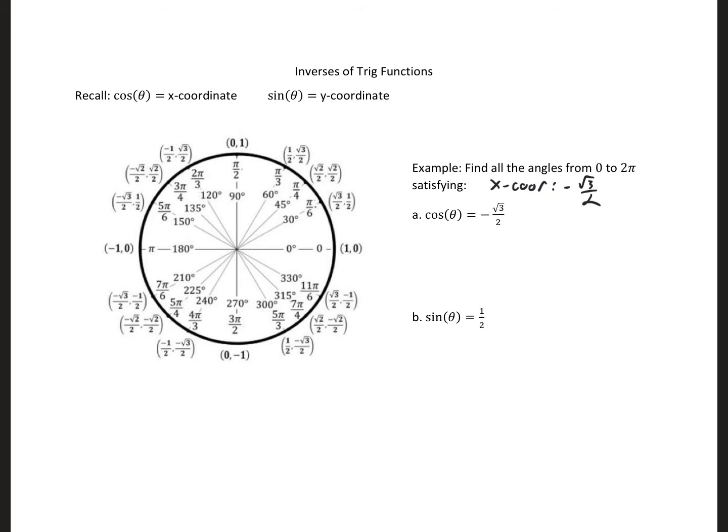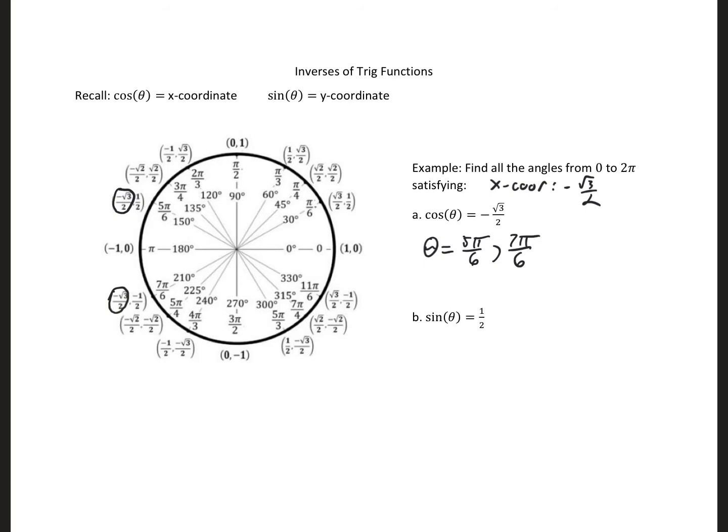That actually happens in two places. Here x is negative square root of 3 over 2, and here x is negative square root of 3 over 2. The two values of theta that happens at are 5 pi over 6 and 7 pi over 6.